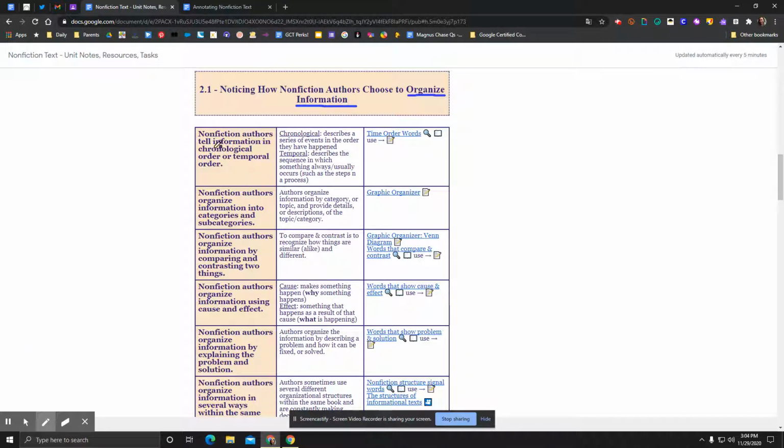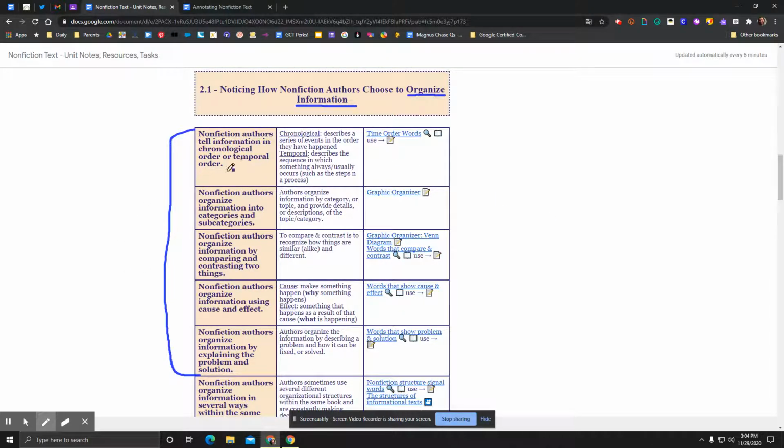And you'll notice that there are 1, 2, 3, 4, 5 different ways that authors might organize information. We're going to be taking a deep look into each of these 5 ways as we continue in our instruction throughout the week.